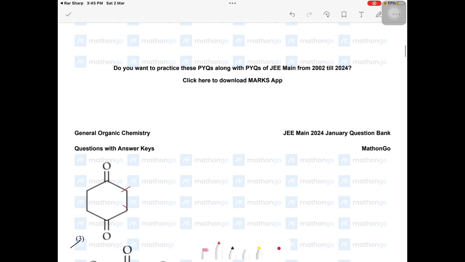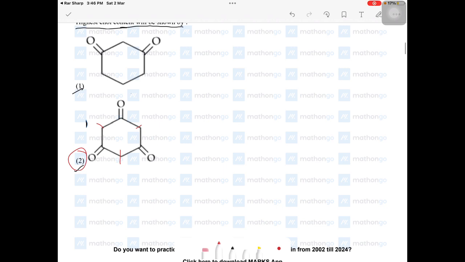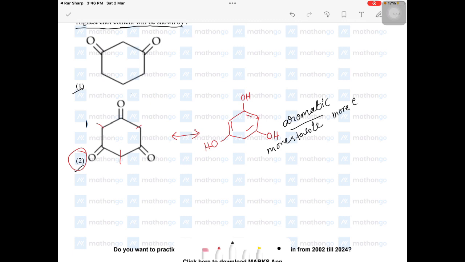Here 4 are there, but here when it undergoes enolization, it is converted to aromatic compound. That's why it is more stable, more enol content.